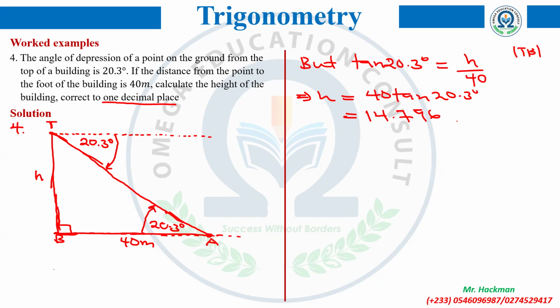Is that all? Was it exact? It cannot be exact. Sir, the question says correct to 1 decimal place. I know, but remember I told you the first approximation should be how many decimal places? 4 DP before any required or convenient approximation. Do you get it?